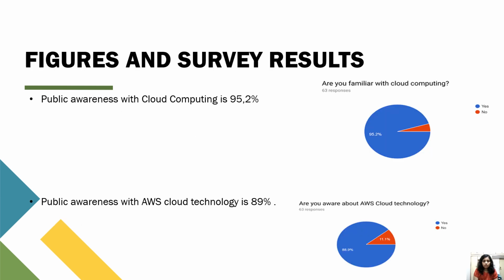Figures and survey results. The first graph shows that public awareness of cloud computing is 92.2%. So these many people are aware of cloud computing. Only around 5% of the population is not aware. Public awareness of AWS cloud technology is around 89%.